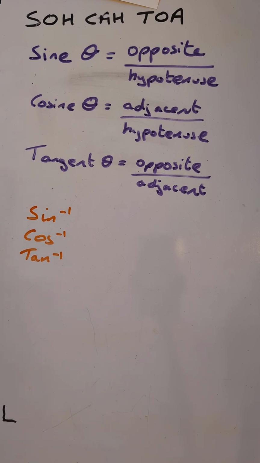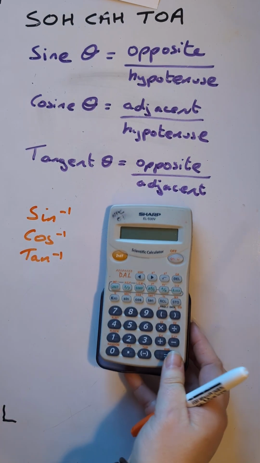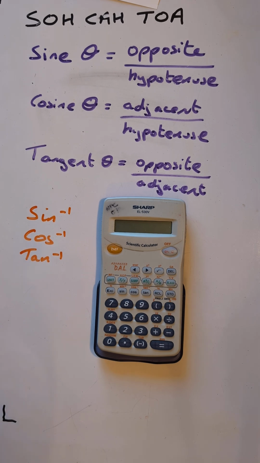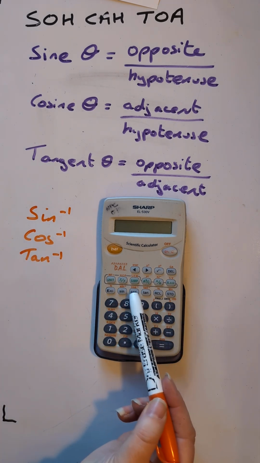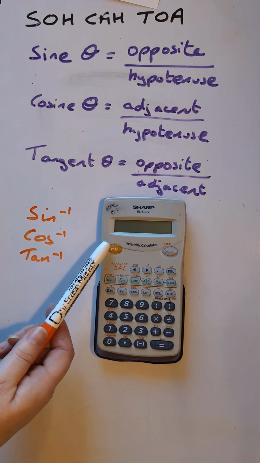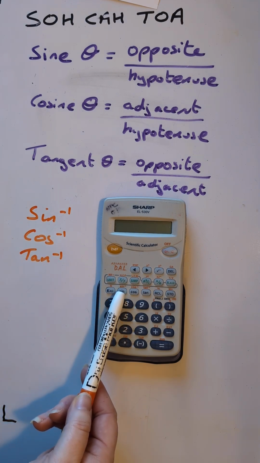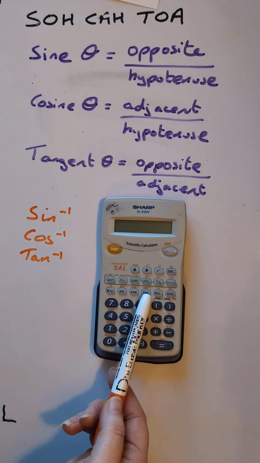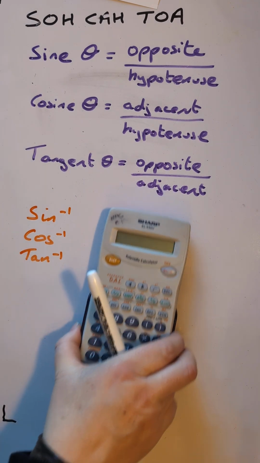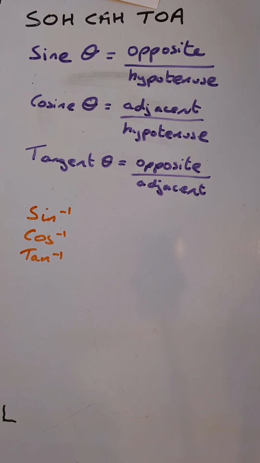So for example, here I have got a Sharp calculator. I have got sine, cosine, and tangent here. I have second function here. If I hit second function, I will get the inverse sine, inverse cos, and inverse tan. I have a TechSet calculator here.